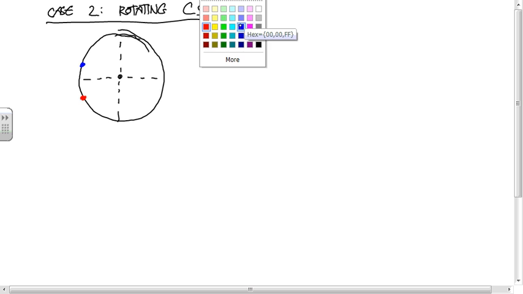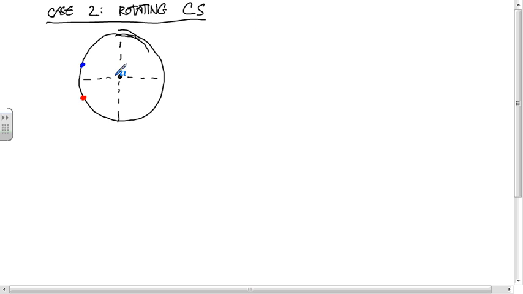But this time the coordinate system is going to rotate with the chair, with the astronaut. So when the astronaut's in this position, we're looking at this coordinate system. And when the astronaut is in this position, we're looking at this coordinate system.